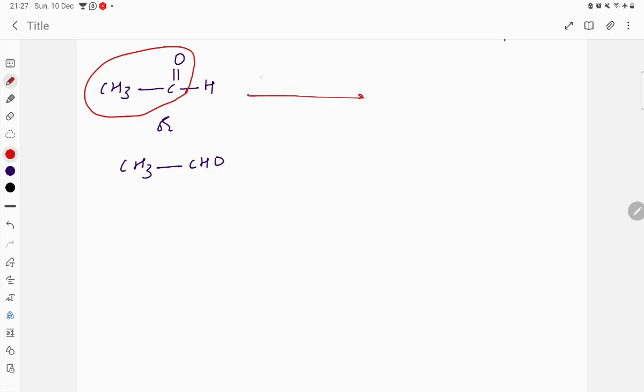You treat it with I2 plus NaOH, or NaOI. This group will convert into CHI3, the yellow ppt, plus HCOONa.